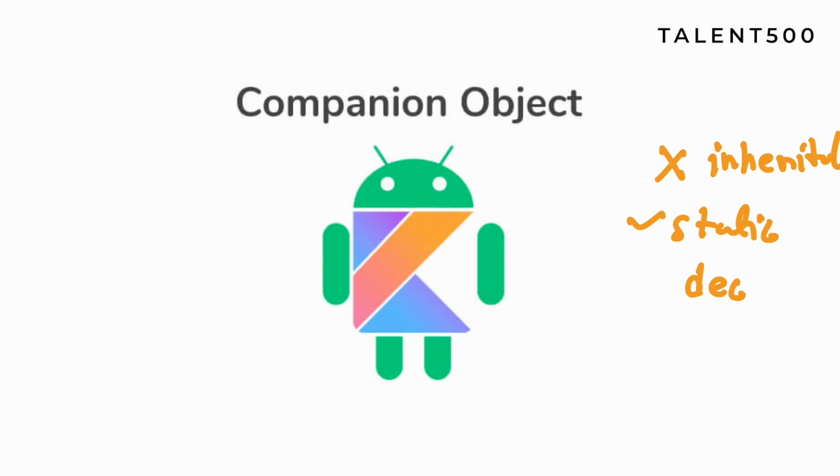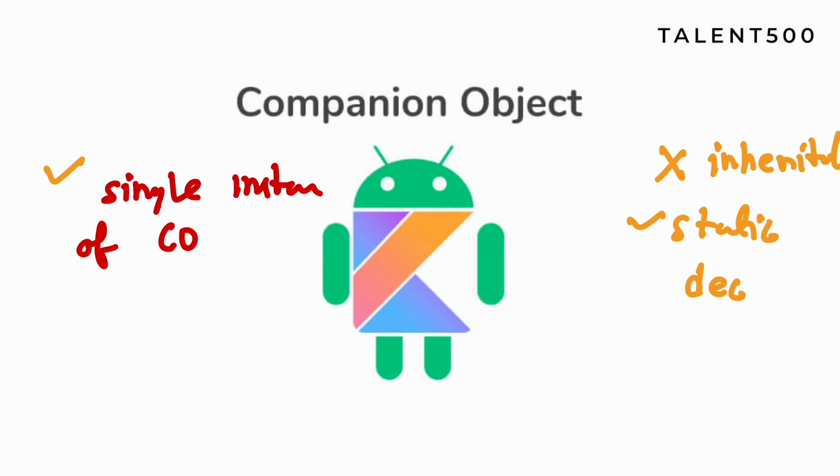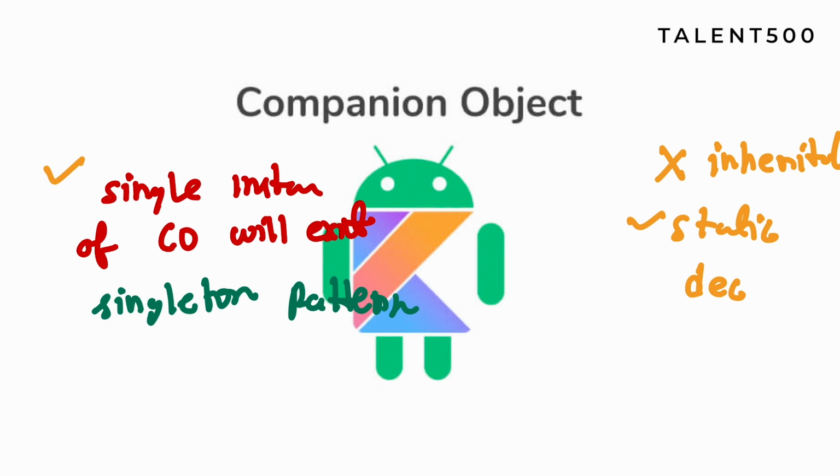However, only a single instance of a companion object will exist for the duration of the program, and that is why it is sometimes called the singleton pattern as well.